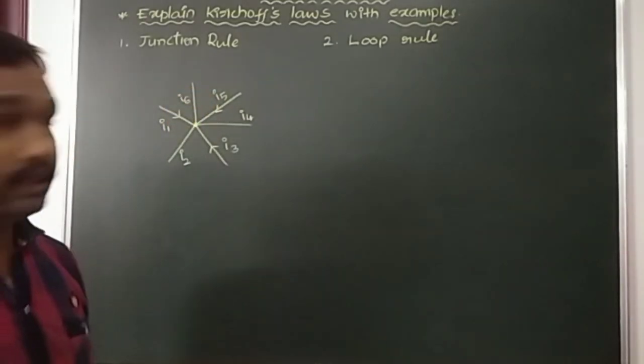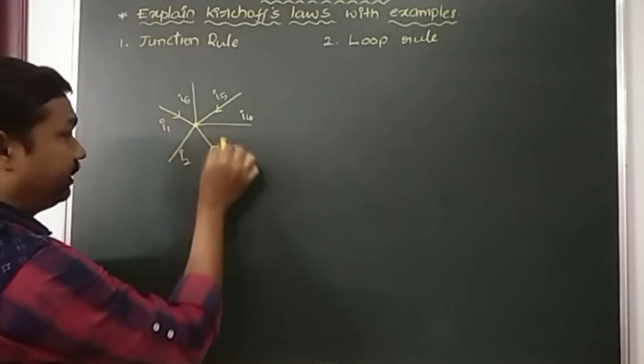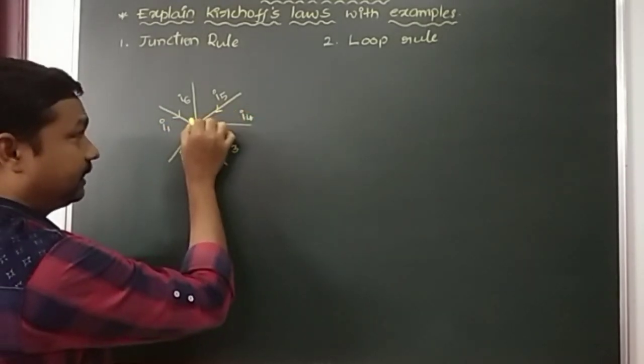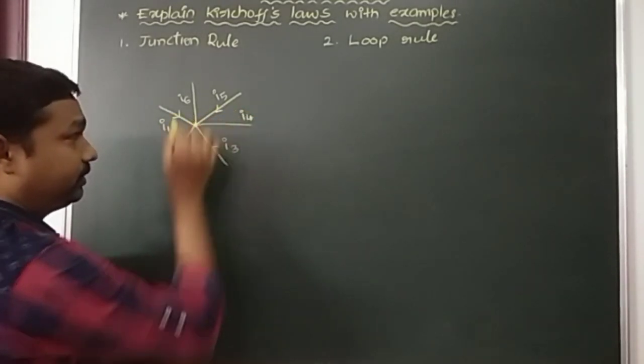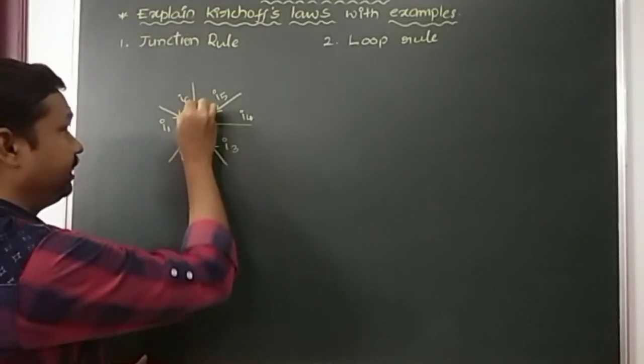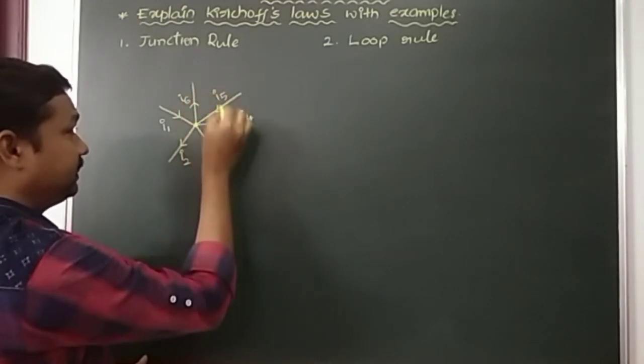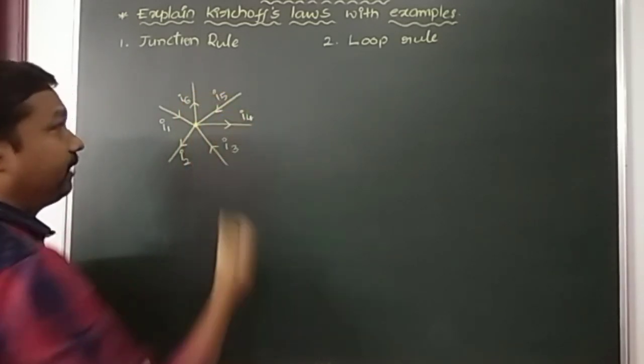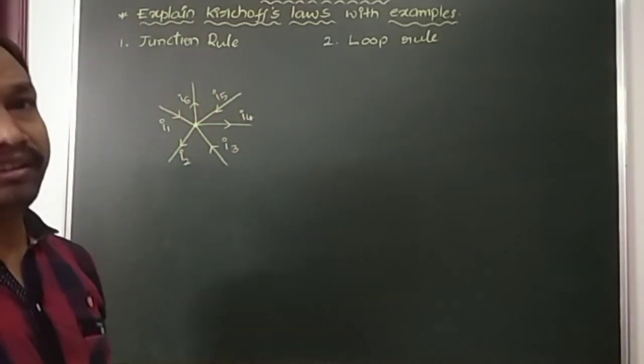Totally 6 wires are there. I1, I3, I5 are the currents coming toward the junction, whereas I2 current is leaving away, I6 current is leaving away, and I4 current also leaving away.